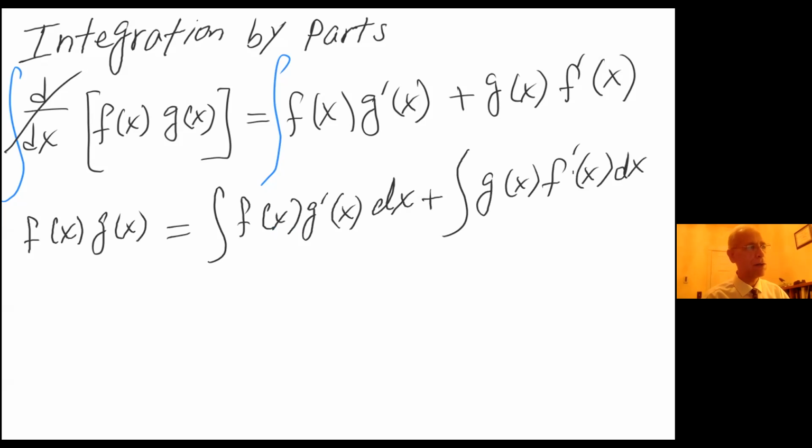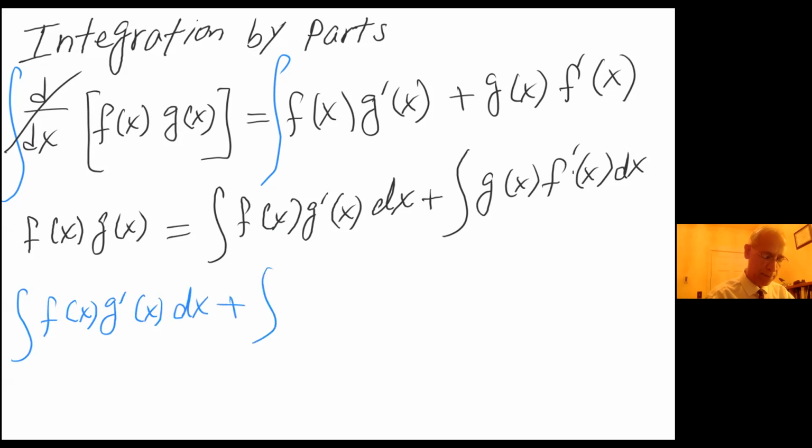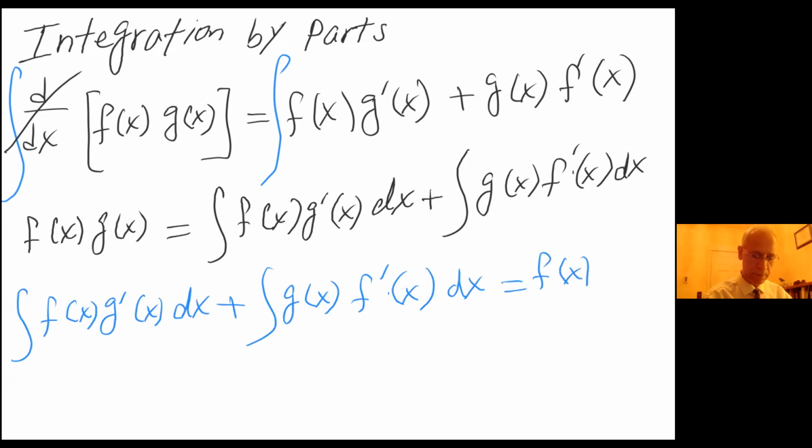And now, for the sake of simplicity, I'm going to go ahead and swap the left-hand side with the right-hand side. So now I have integral of f of x, g prime of x, dx, plus integral of g of x, f prime of x, dx, all that equal to the product of f of x times g of x.